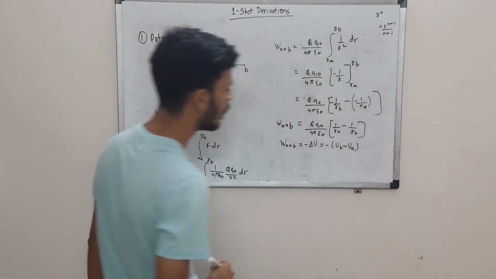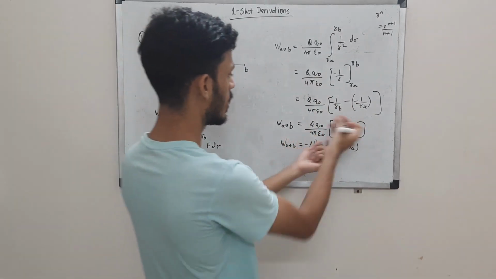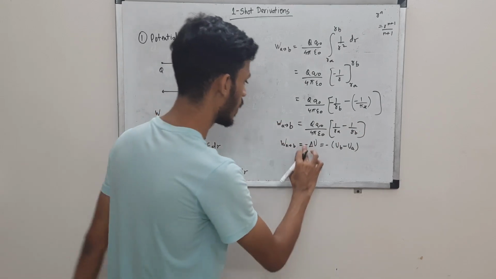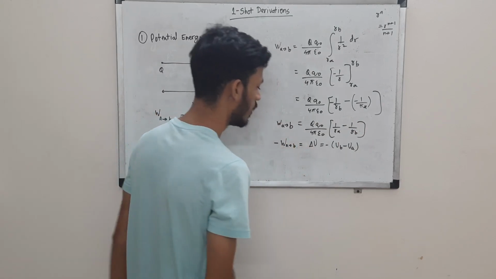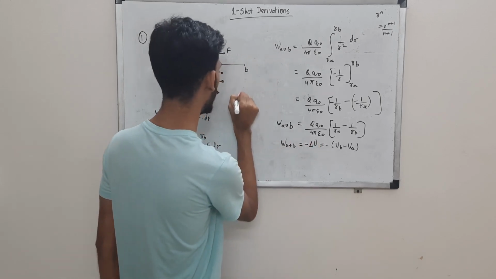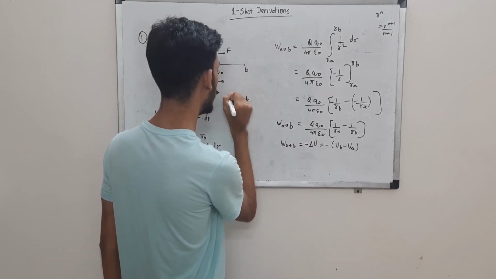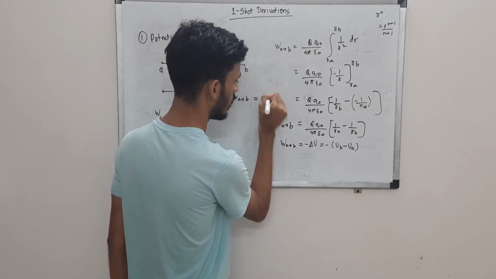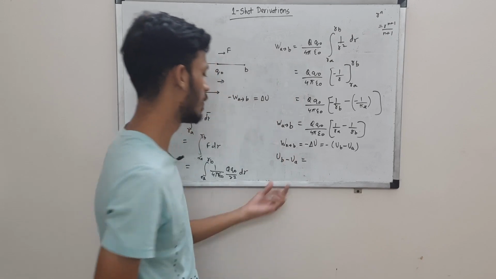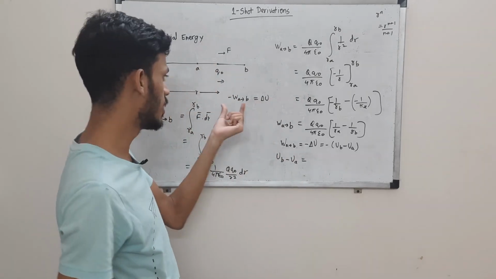So we can basically change the sign of work and obtain potential energy. The negative of work will be the change in potential energy: final minus initial potential energy is the negative of work.